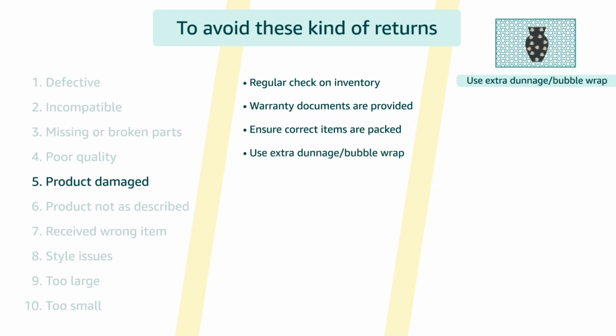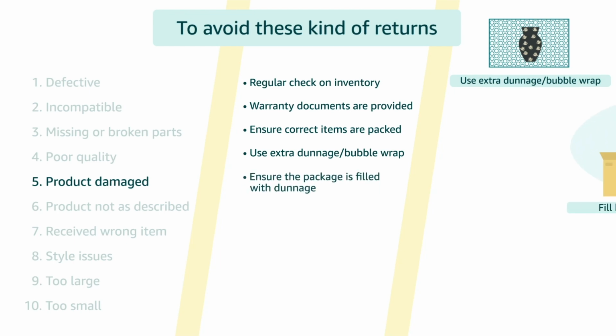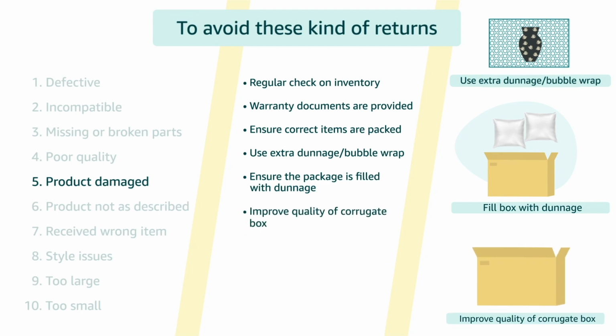Use extra dunnage or bubble wrap, which will act as a cushion to reduce damage in transit. Always ensure the extra space inside the package is filled with dunnage to restrict movement of the product. For fragile products, you may also consider improving the quality of the corrugate box being used.